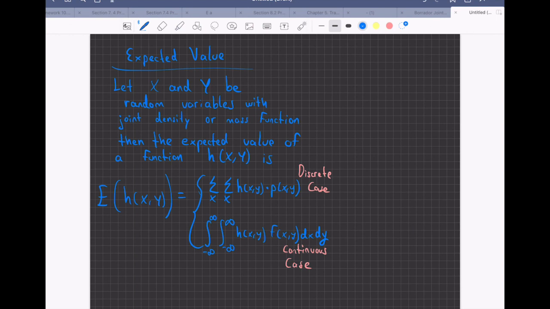Now, related to this, we have a measurement that is called the covariance. Covariance is defined as the expected value of x minus its mean times y minus its mean.